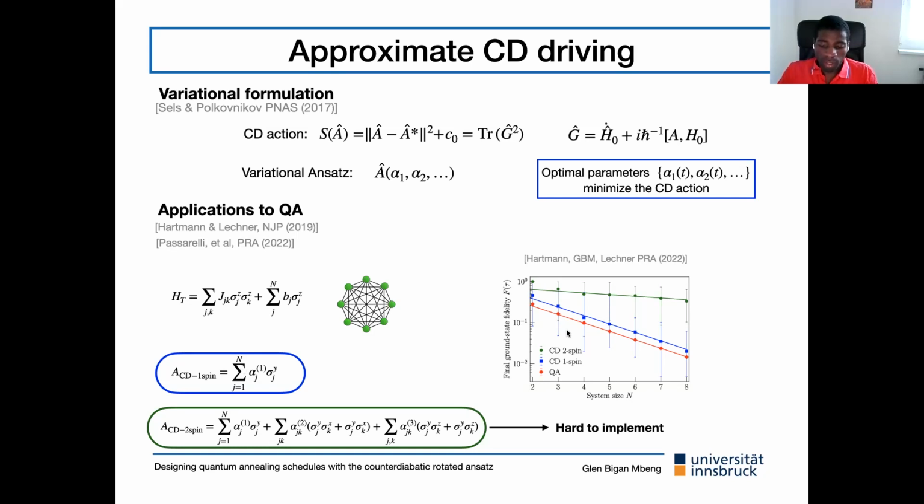Here, for a problem with a time tau of 1, we see what happens when we first do the simple quantum annealing procedure. In this case, the fidelity decays with the system size, as to be expected.